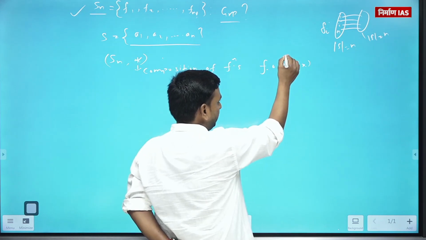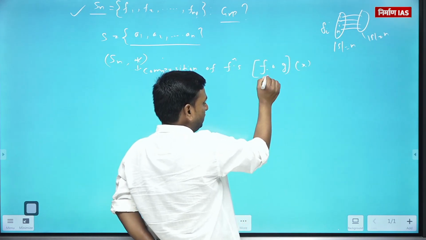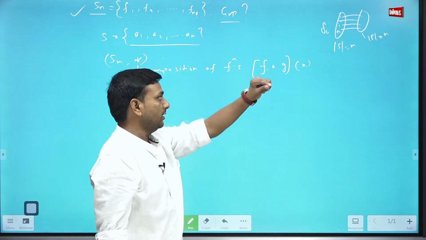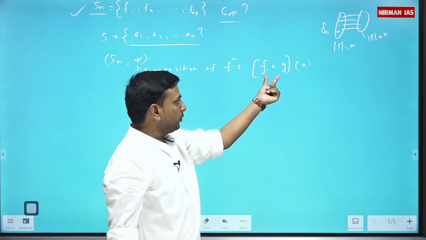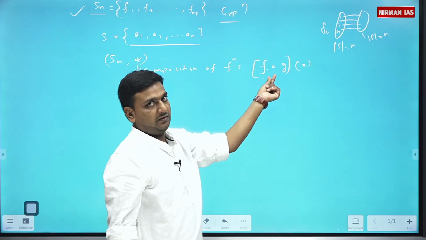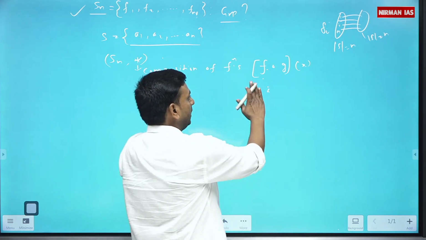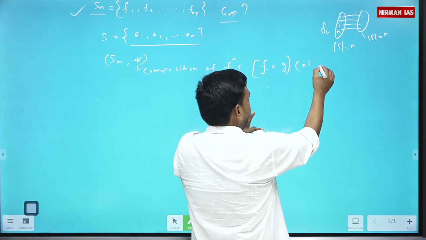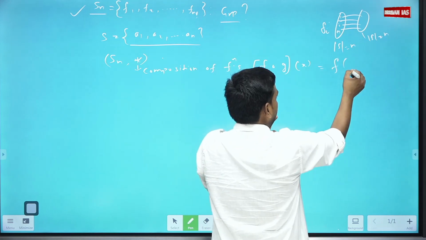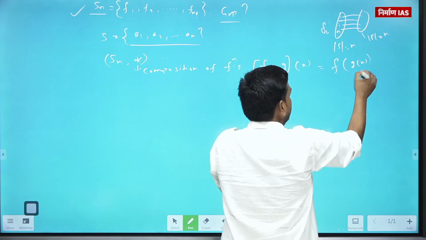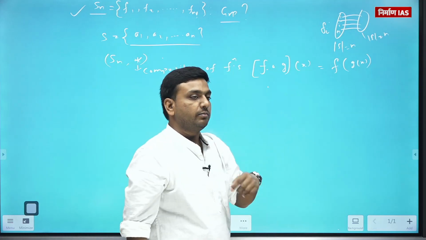Please be on the board, I will make it very clear. I am taking the composition of two functions, and let's say I have defined it like this: f o g of x means what?